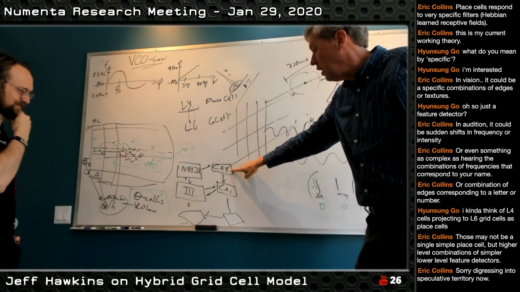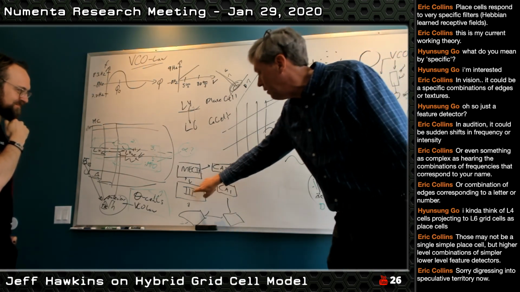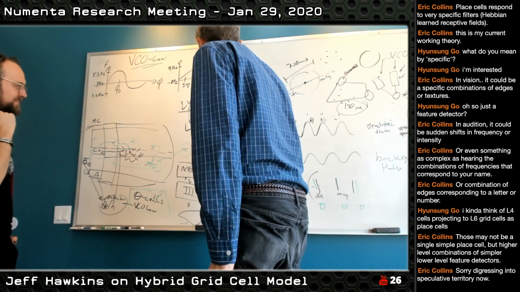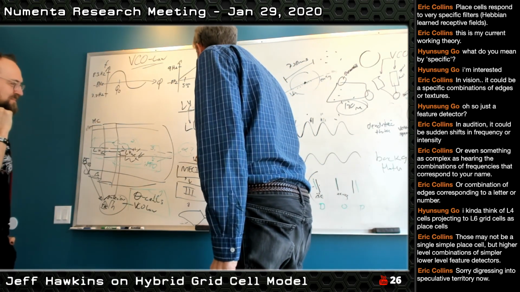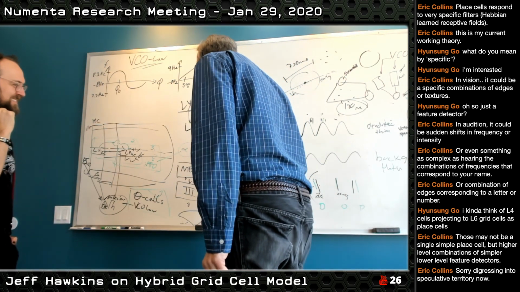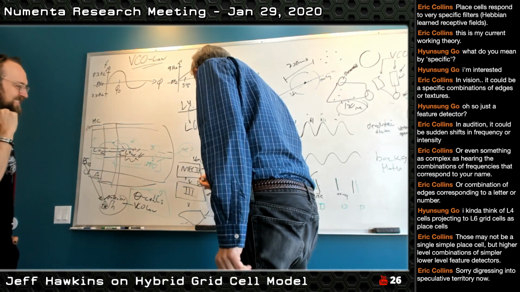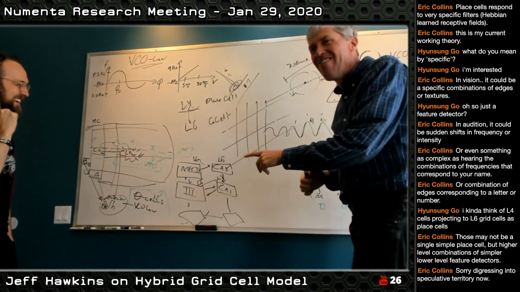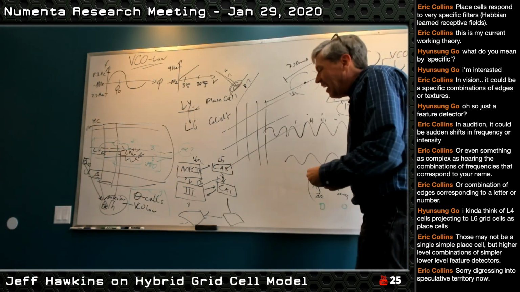Right. And then this goes to here, back to here. That would be like layer 6A to layer 4 to layer 3 to layer 5. That's a crude analogy, but okay. I'm going with it.